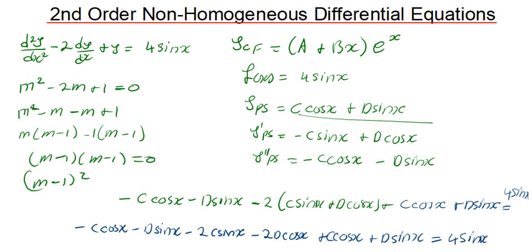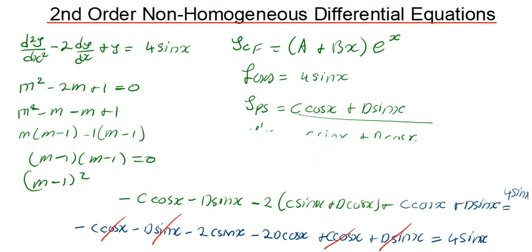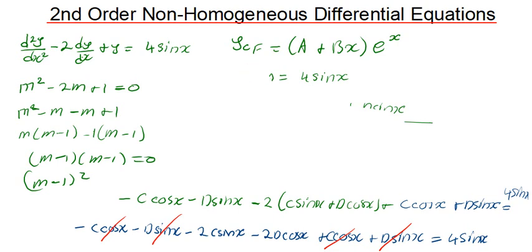Now you observe that this and that can go, this and that can go, so this simplifies it a little bit.